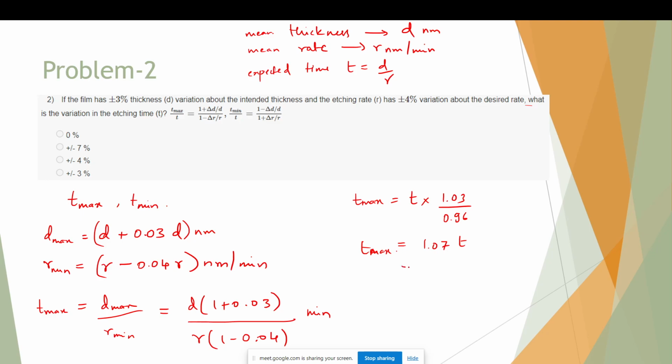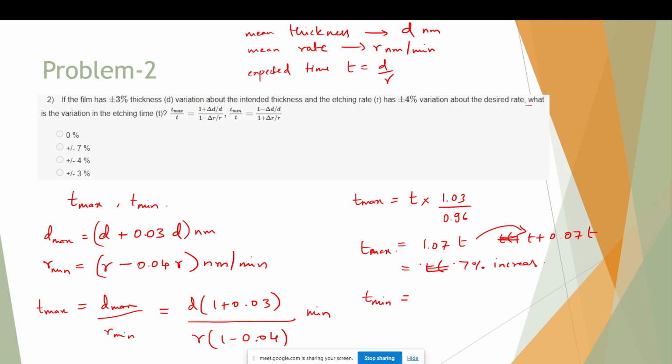So I can write it as T plus 0.07 times T, that is nothing but a 7% increase. Similarly, you can also find T min.